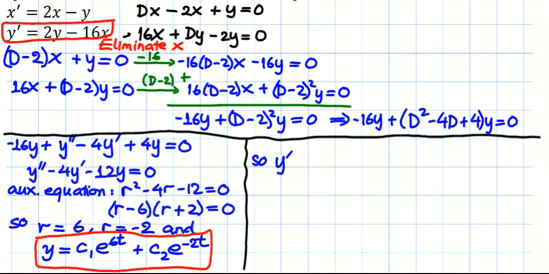So the derivative of y is equal to 6 c1 e to the 6t minus 2 c2 e to the negative 2t.